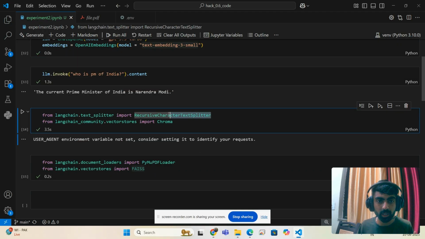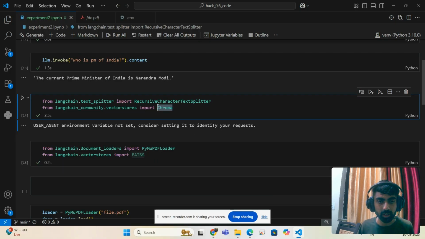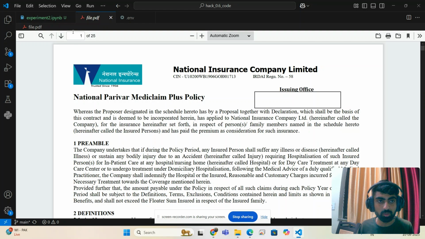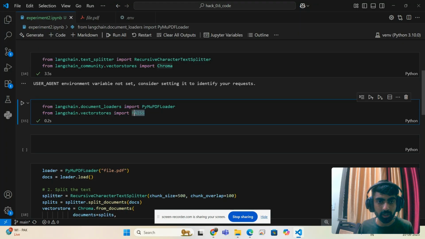This is used for breaking our text into components so that component by component we send it to the vector database in vector form. Okay, this is our vector database Chroma. This is for loading our PDF. This will be the PDF which we'll be using for our RAG. This is the vector database files.